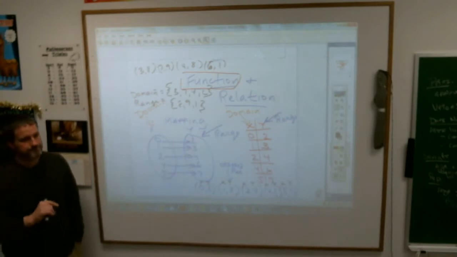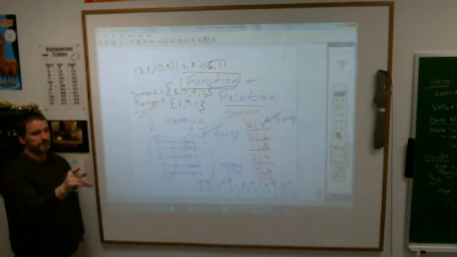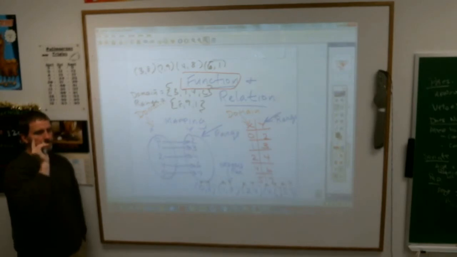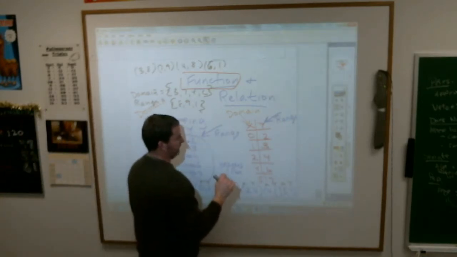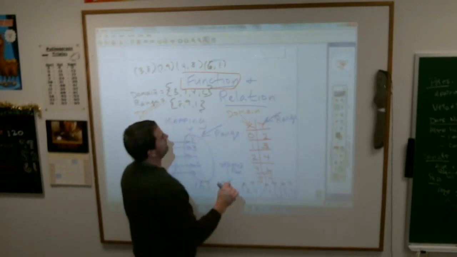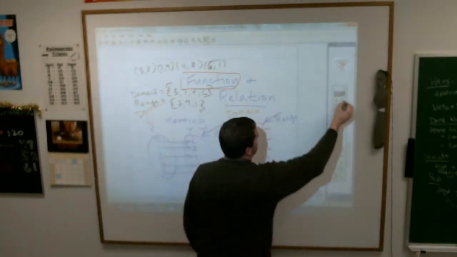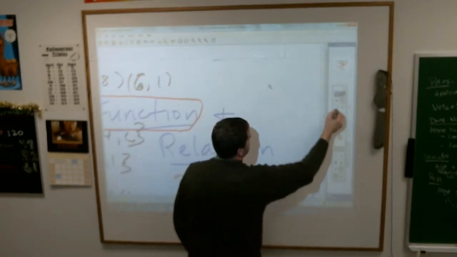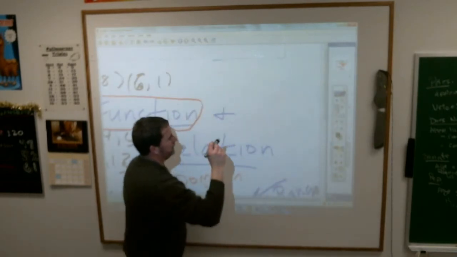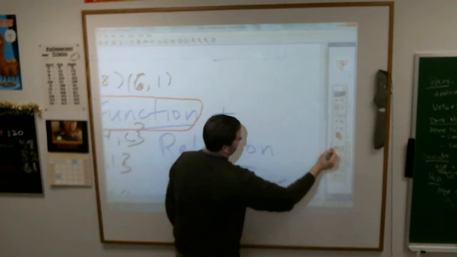Somebody got an answer for me. Caroline says the domain can only get mapped to one member of the range. Right, write that down. If you don't have it somewhere, I wish I left myself enough space for it. Let's do it right here. And this is what it is. Jot this down.